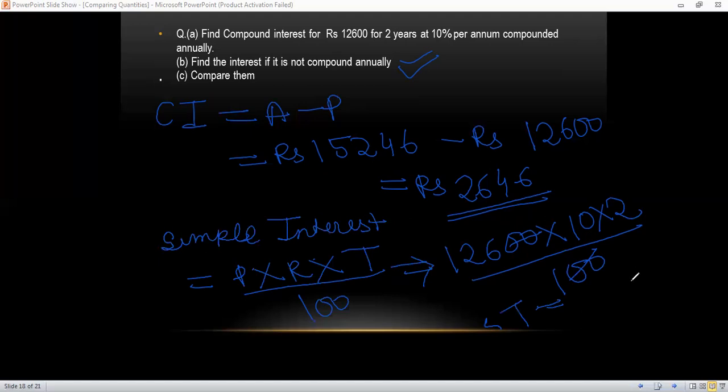If I multiply it, I will get the simple interest. Now the third question is to compare between them. Compare the compound interest and simple interest.